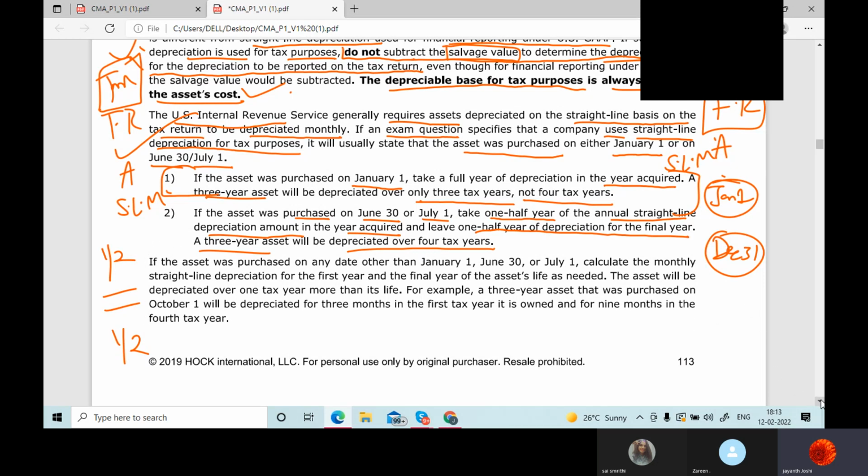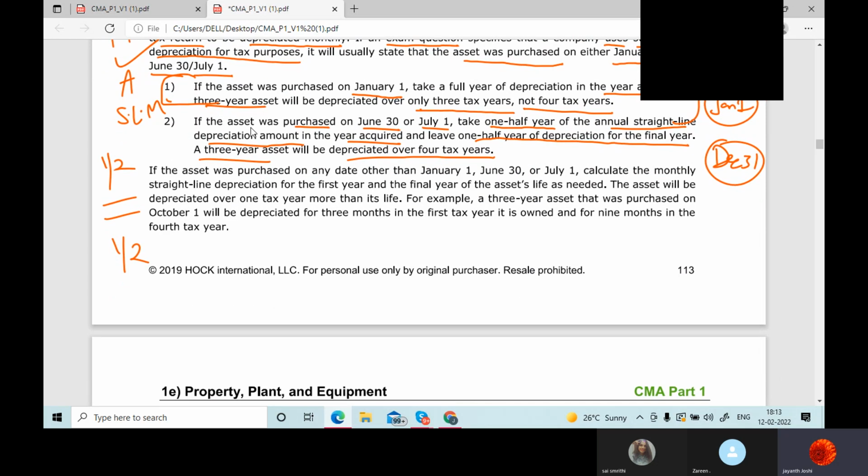Okay. Now, one more last point. If the asset was purchased on any date other than Jan 1st, June 30 or July 1st, calculate the monthly straight line depreciation for the first year and the final year of the asset's life as needed. The asset will be depreciated over one tax year more than its life. For example, a 3-year asset was purchased on October 1st.